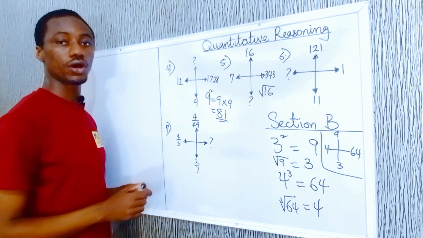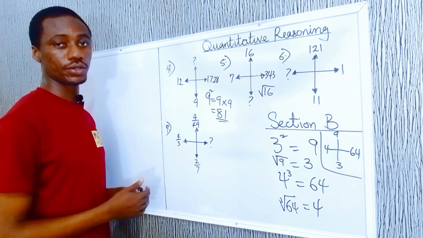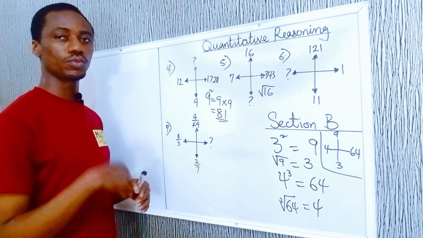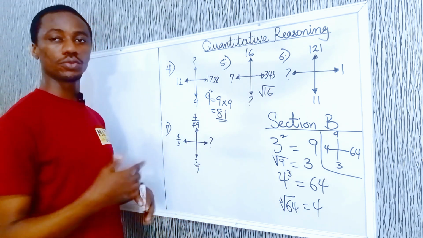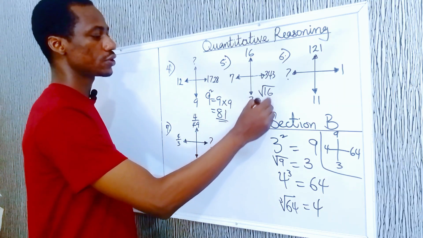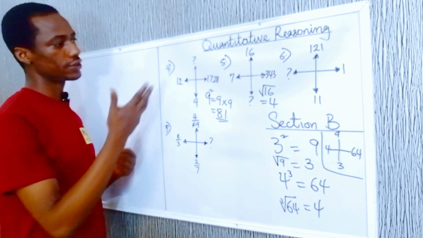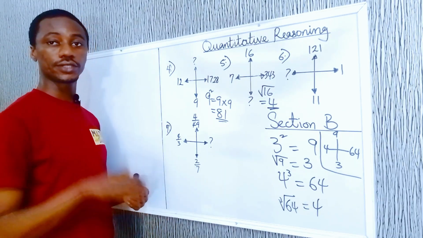When we say we are taking the square root of a number, what does it mean? We're looking for the number that, when you multiply it by itself, gives you 16. That's 4, because 4 times 4 is 16. So the square root of 16 is 4, and the answer to number 5 is 4.